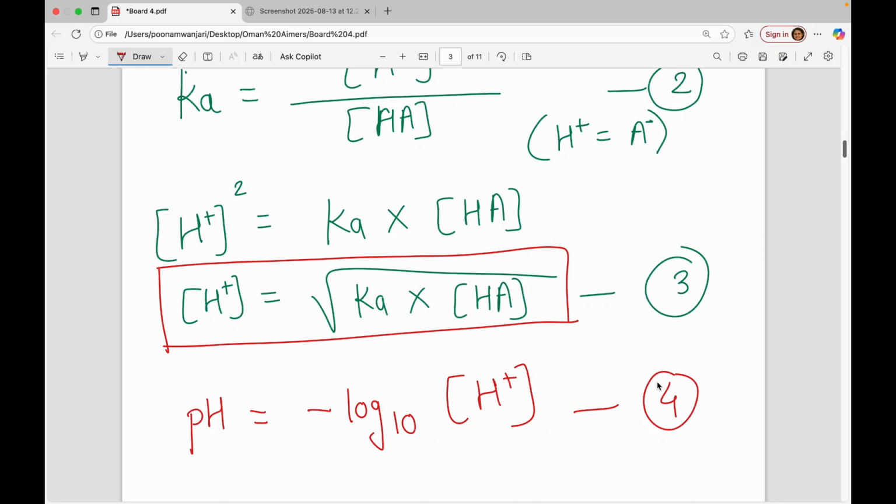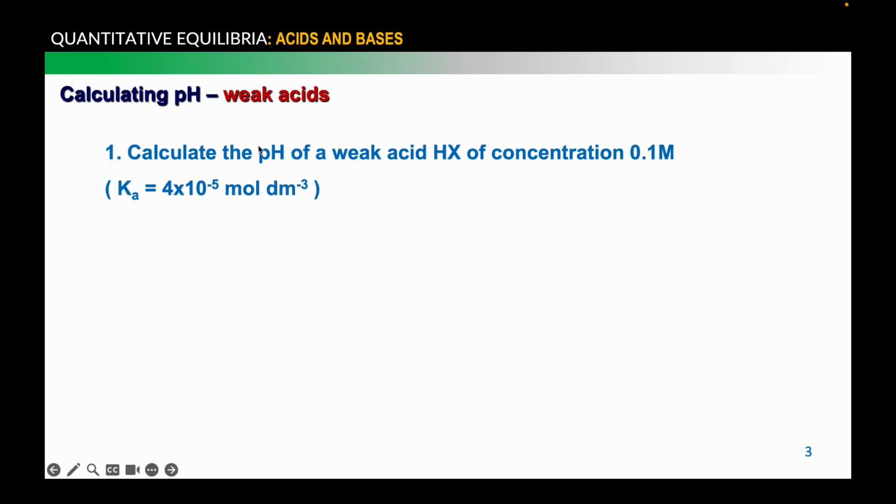Now student, we will discuss one example, so it will be more clear how to get pH of a weak acid. We will solve some problems where we are going to calculate pH, dissociation constant as well as pK for weak acid. So without wasting time, directly we will start problem.